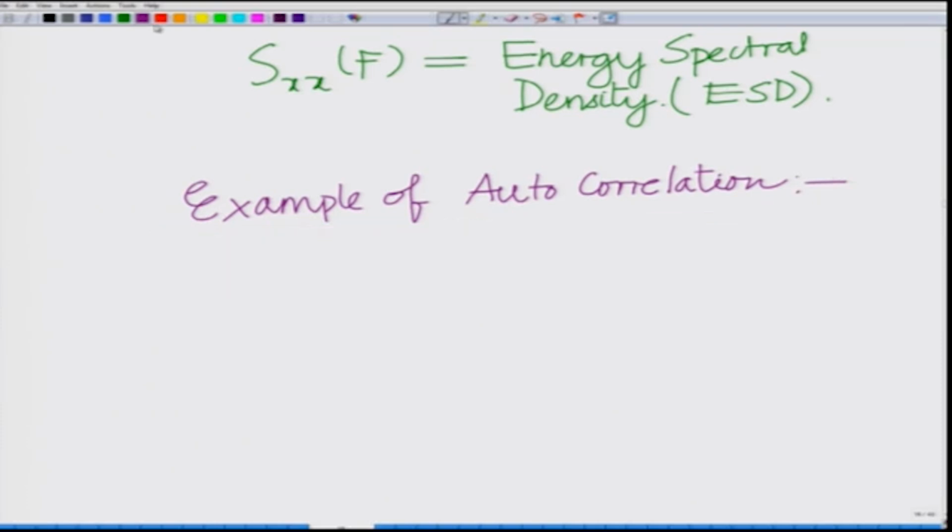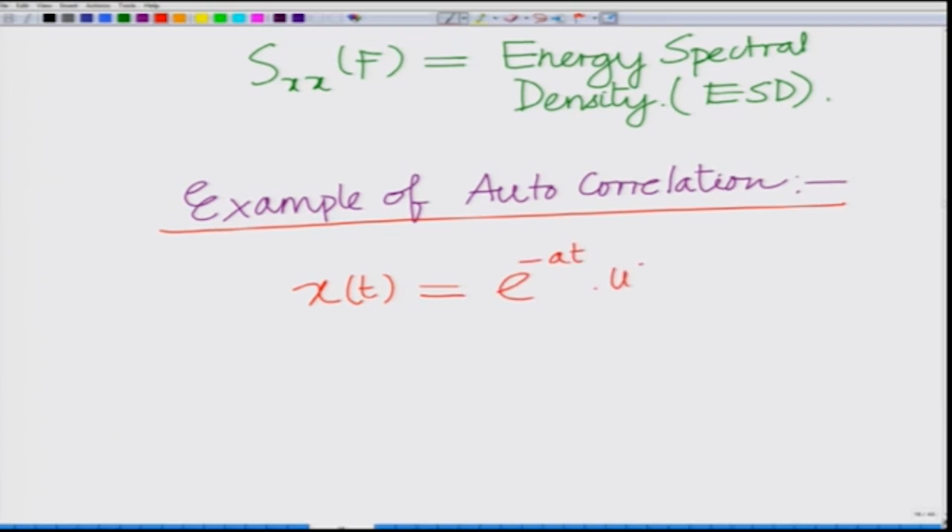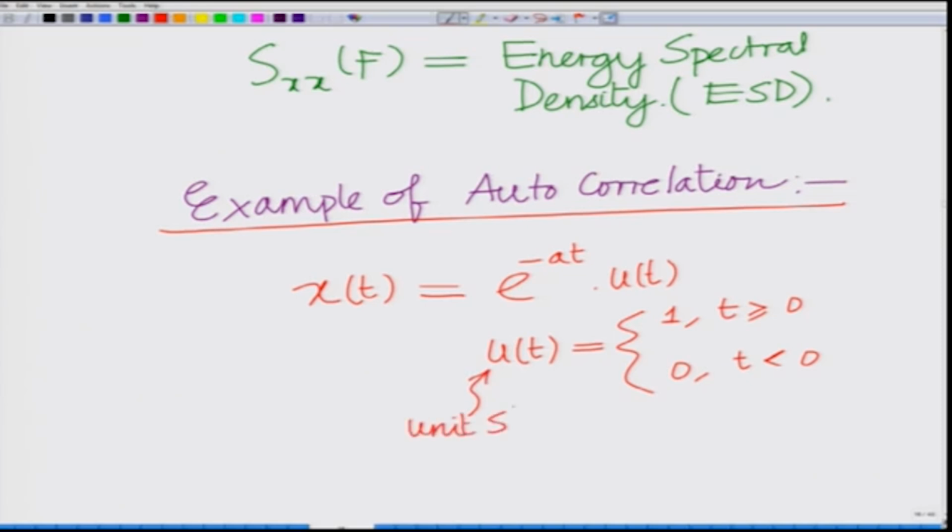Let us consider this signal x of t equal to e power minus a t u of t, where u of t, as we are all familiar, is the unit step function, which is 1 for t greater than or equal to 0. This is known as the unit step function, correct.